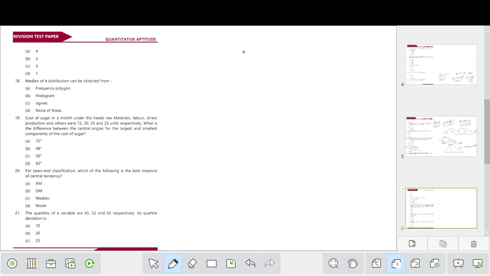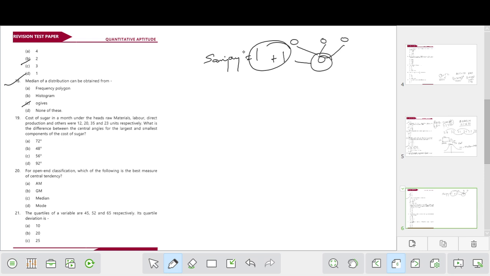So Sanjay himself is 1, and 1, 2, 3 are the 3 daughters and this is 1 son. So each of them has 1 brother, right? So 1 plus 1, that is 2 male members in the family. Median of a distribution can be obtained from ogives. This is a property of median.